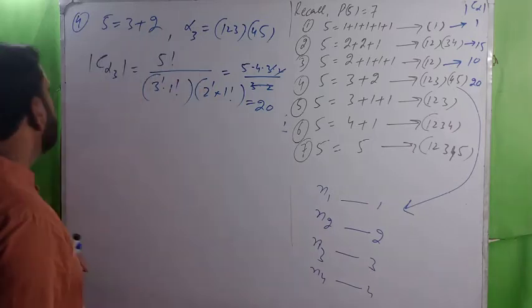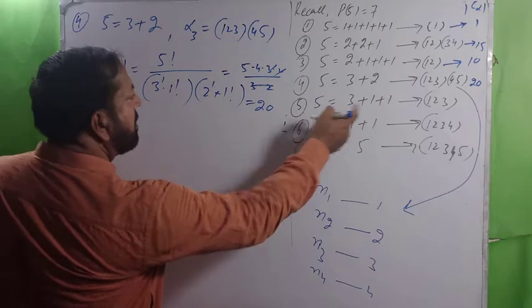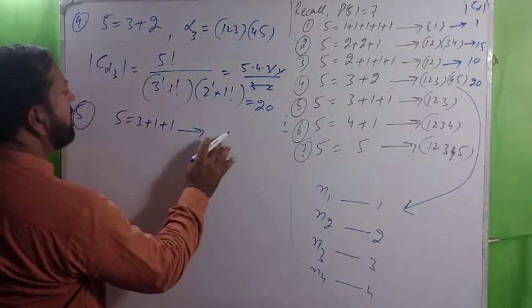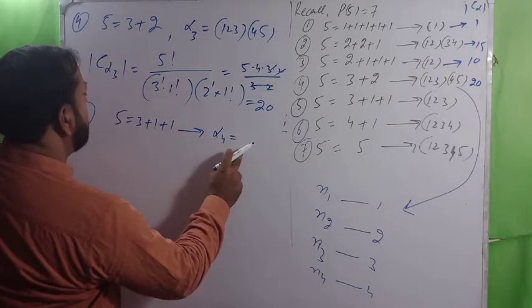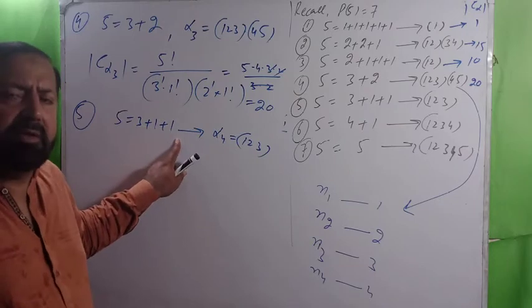Okay. Next, 5 is equal to 3 plus 1 plus 1. So the permutation must be alpha 4 is equal to (1,2,3), and the 1, 1, no need to write if you want to write.